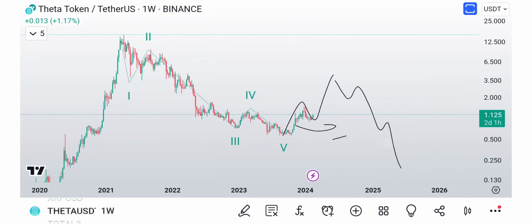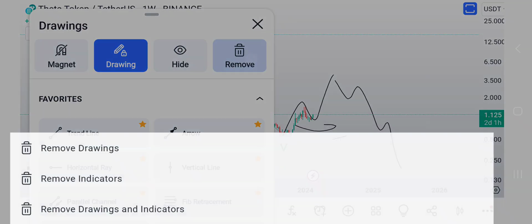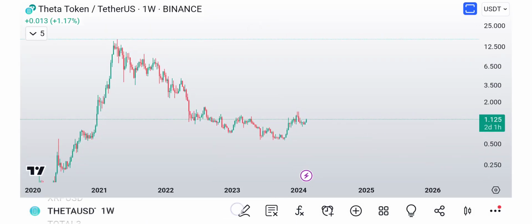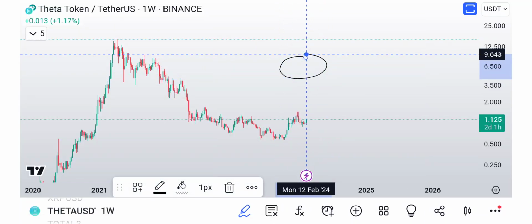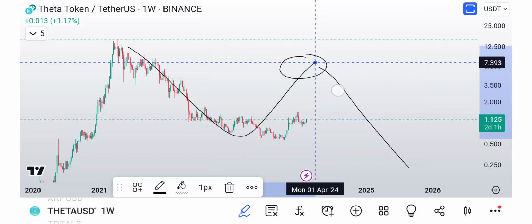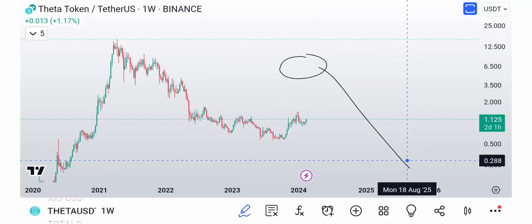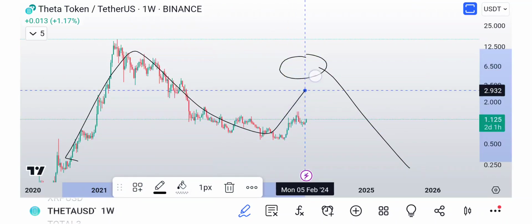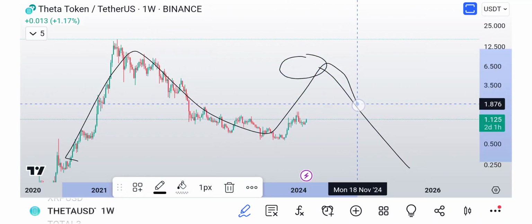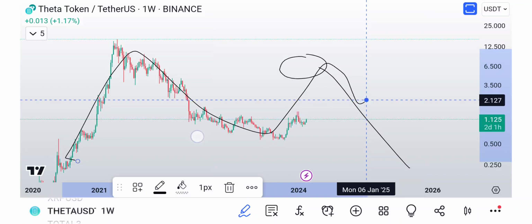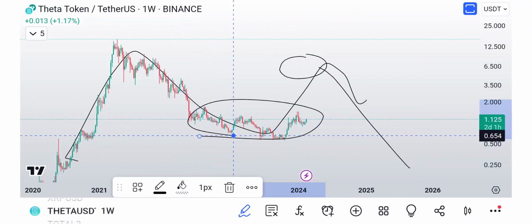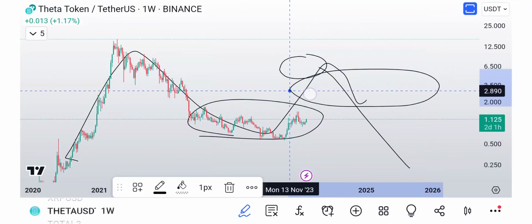So the big question is, what happens when we get up there? What happens when we get up here? Do we come down for an A, B, C? Or do we have a rise, crash, retrace, reaccumulation, right? So here's your base, and then you have another base on top of that, right?